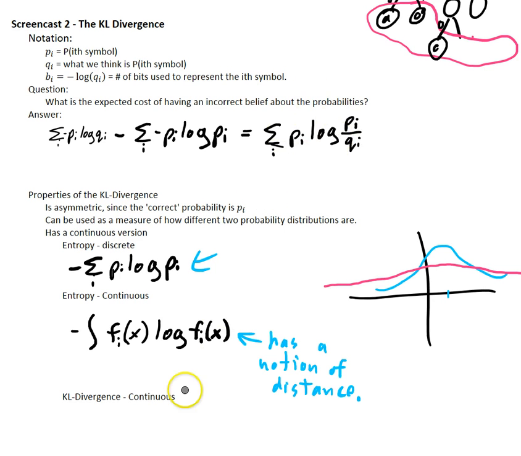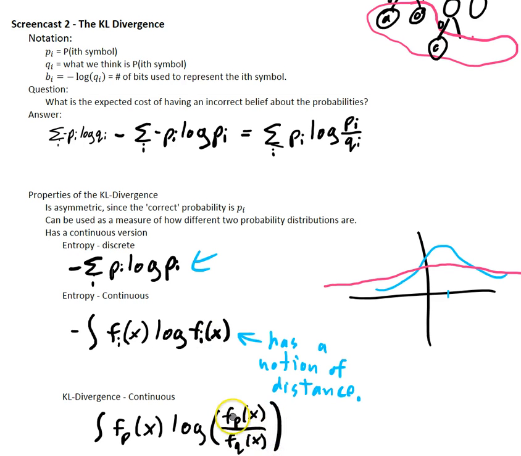We'll just replace this with f_P to denote, for the correct probabilities, the density function: the integral of f_P(x) log of f_P(x) over f_Q(x). And there we go. That's the continuous version of that.